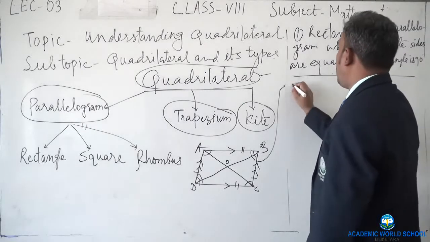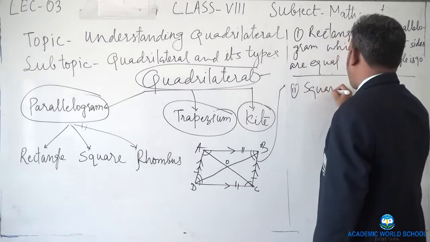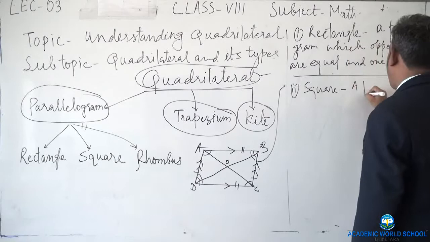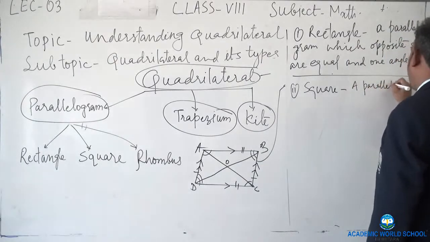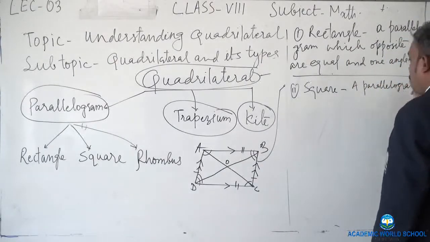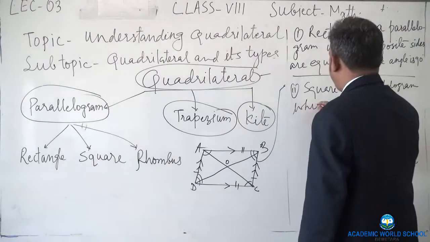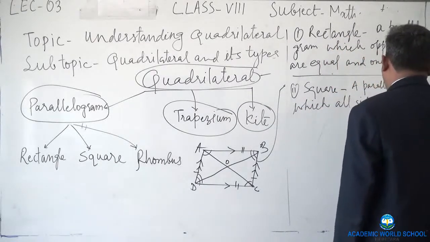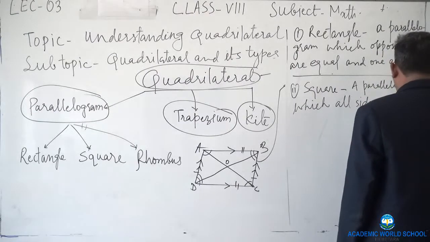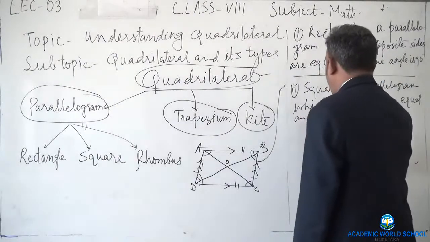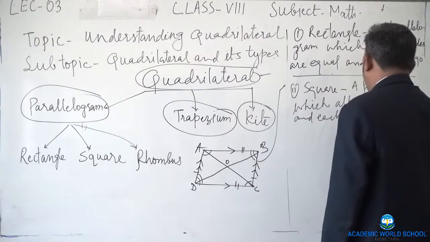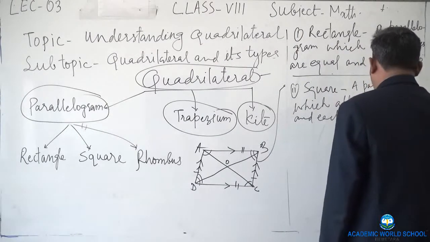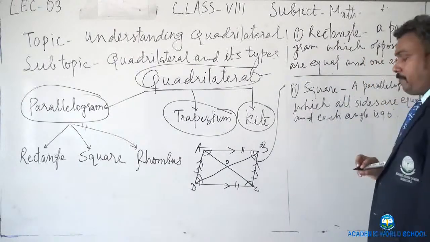Then comes the square: a parallelogram in which all sides are equal and each angle is 90 degrees.